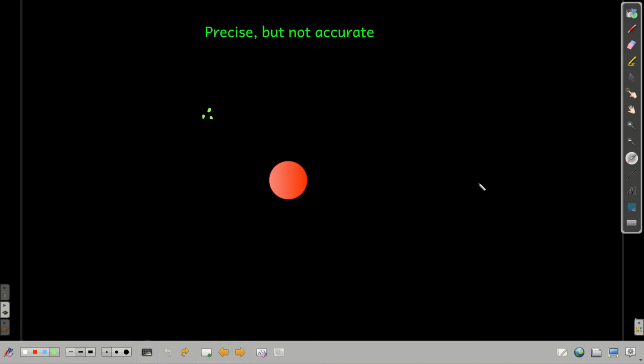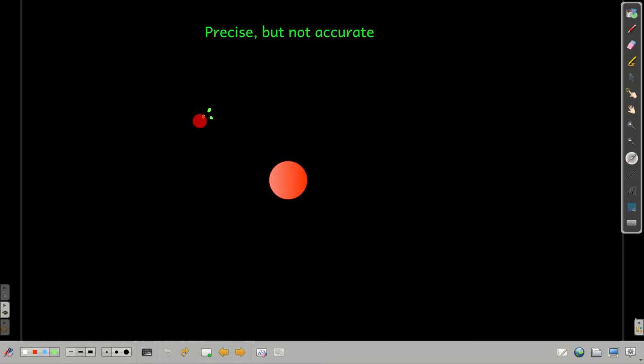Now let's say we are trying to aim at this red dot in the middle right here, and these green dots are where we hit. So we're throwing darts or tennis balls at them. The analogy that we're making here is to a series of measurements that we make in the lab. This red dot would represent the true value. Let's say we were trying to figure out how much something weighed, and that represents the actual mass.